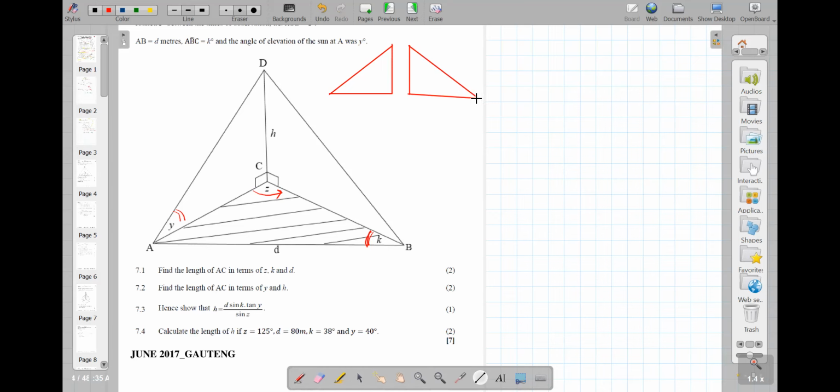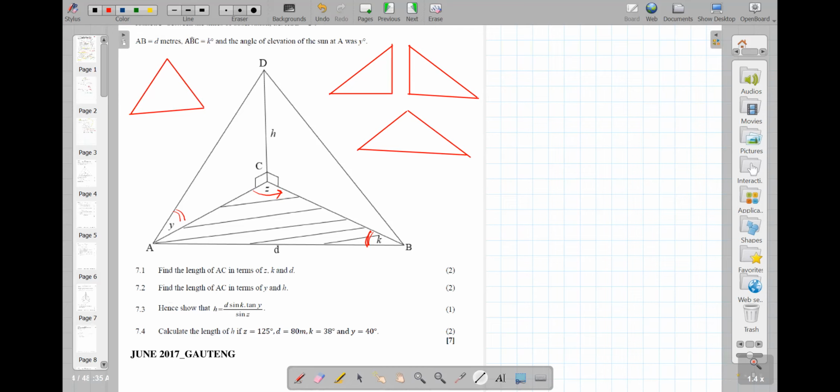And then there's the triangle ABC. I don't think I need the inclined one, so I will ignore it. I am not going to draw the inclined one, or let me draw it on the top. I don't need it most probably, but let me just draw.